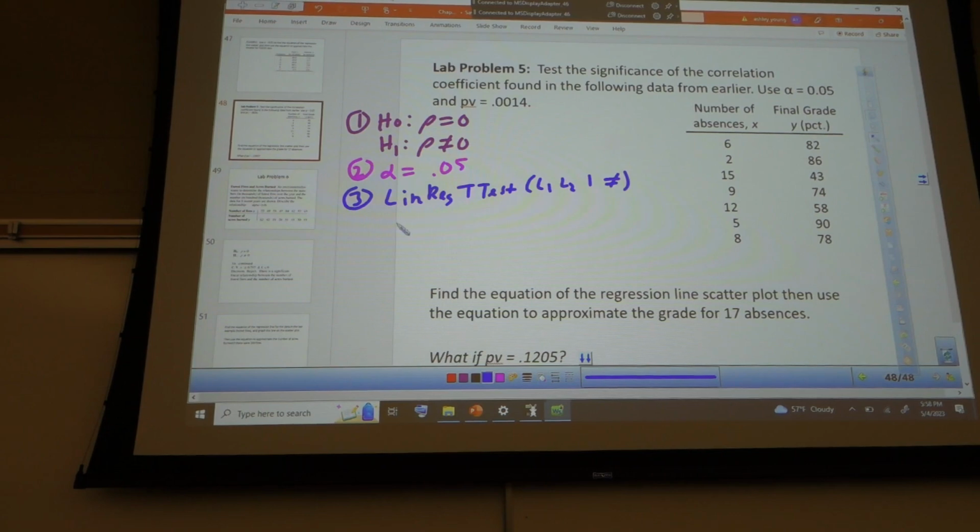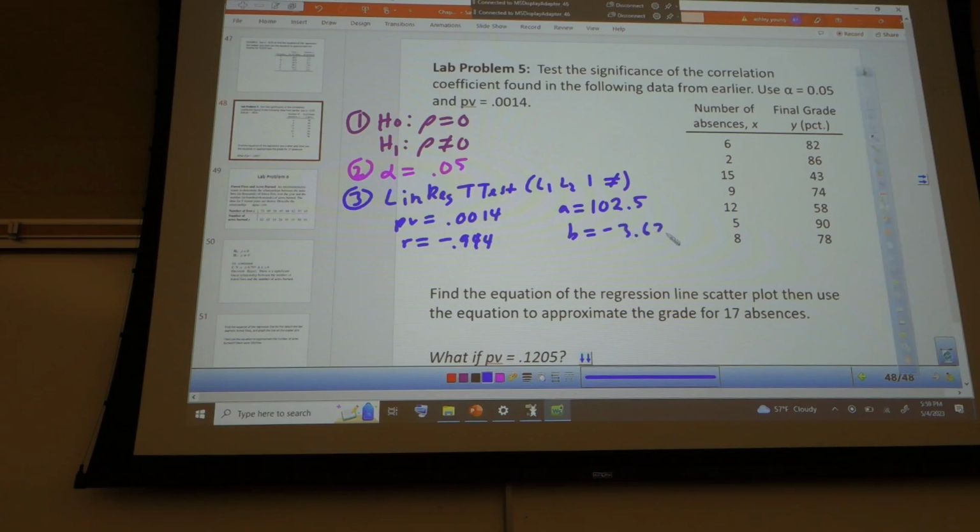You ended up with a p-value of, remember, what was your p-value again? 0.0014. And then an R of negative 0.944. And then I feel like your A may have been 102.5, and your B might have been negative 3.62?